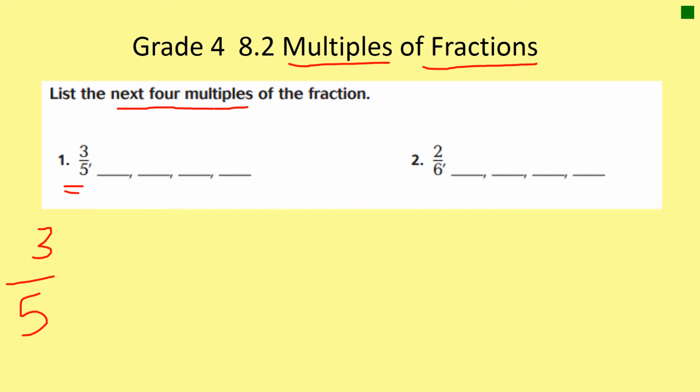I keep having 3/5 and another 3/5 and another 3/5. Okay, so 3/5 plus another 3/5, well, that's 6/5, right? And is 3 times 2 6? Yeah, 3 times 1 is 3. That's the first multiple. 3 times 2 is 6/5.